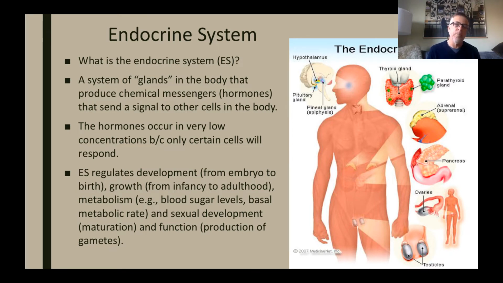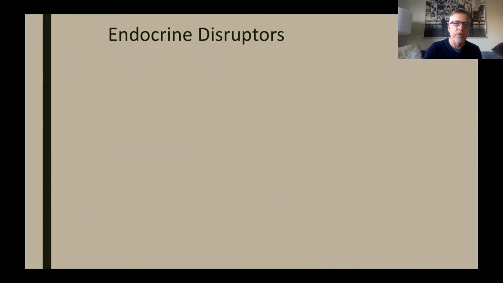And in the human body, it regulates things like blood sugar level and basal metabolic rate. And it regulates sexual development, which is maturation from immature to mature or adult state, and function, the production of gametes. So as you can see, the endocrine system does a lot of important things, and you can imagine what it might look like if it gets tampered with.